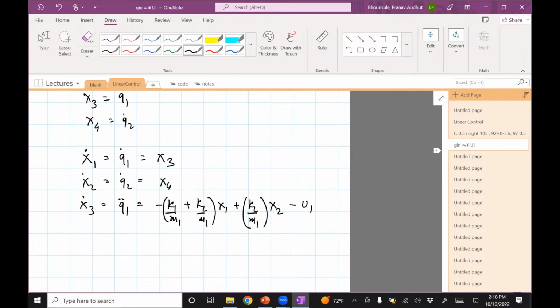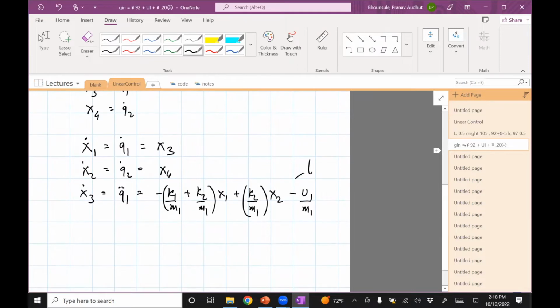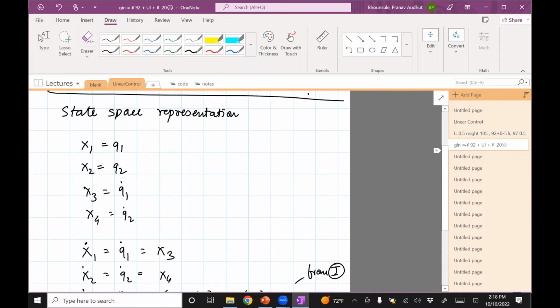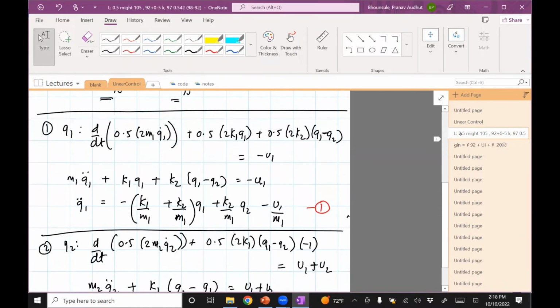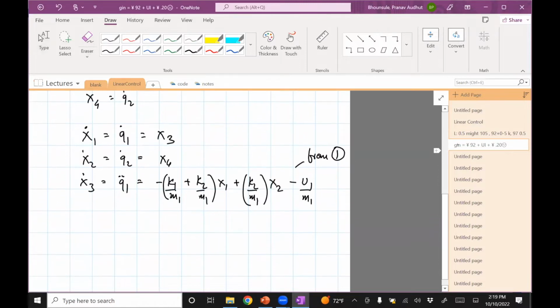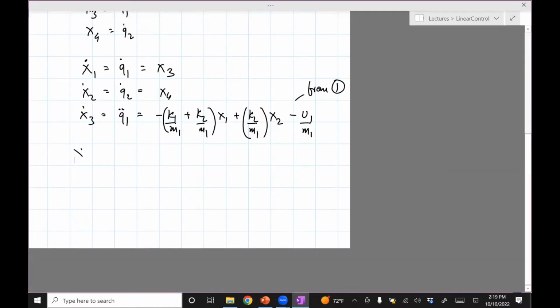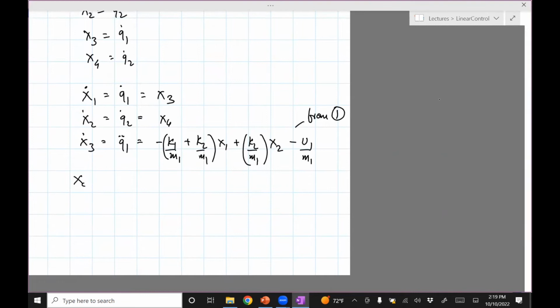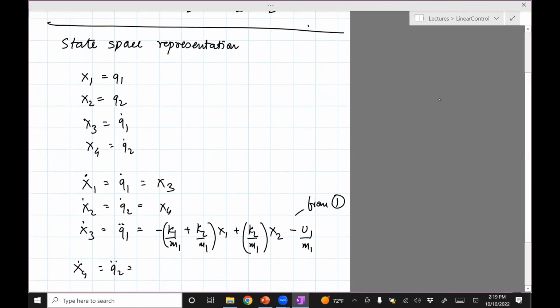And then I'll keep U1 as it is. So this is from 1. Then X4 dot is Q2 double dot, but Q2 double dot is this equation here.